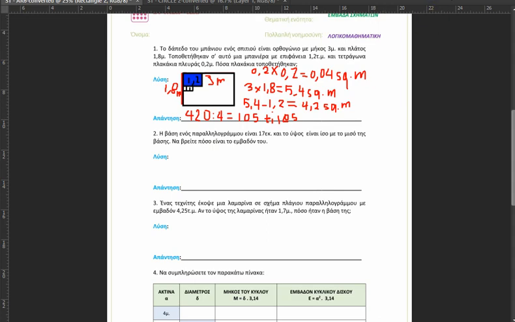Okay, let's go to the next one. Okay, so here we have a parallelogram. So let's make that parallelogram that has a base of 17 centimeters.